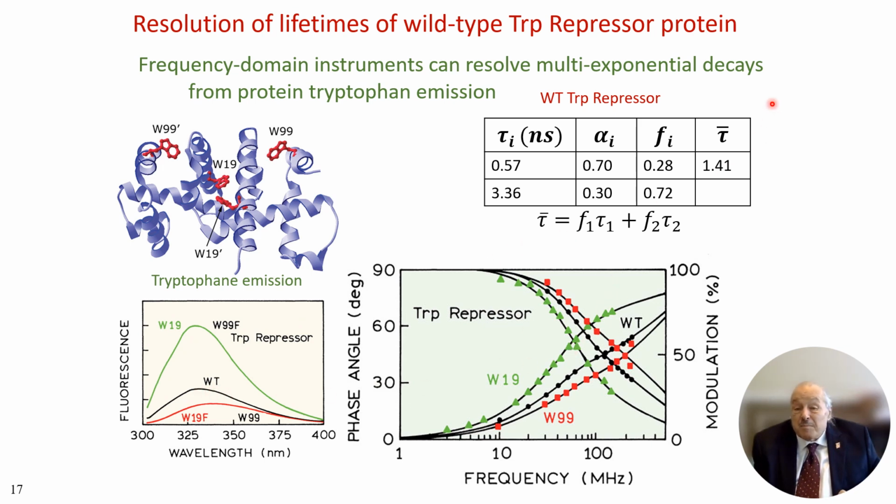I only put the fit here for the wild type repressor, and we could resolve it into 2 lifetimes of half a nanosecond and 3.3 nanoseconds, with fractional amplitudes of 28 and 72%, and the mean lifetime calculated the correct way is 1.4 nanoseconds. So you can see that 200 megahertz was quite adequate for measuring protein tryptophan decays on the nanosecond timescale.